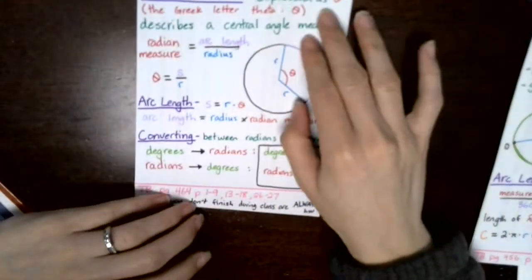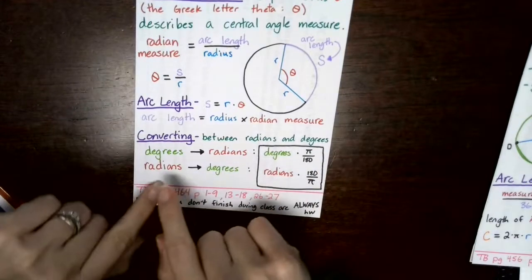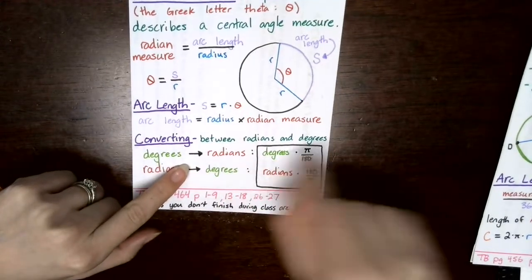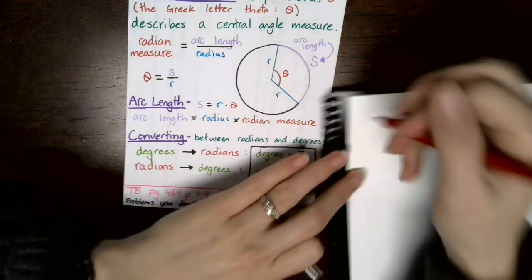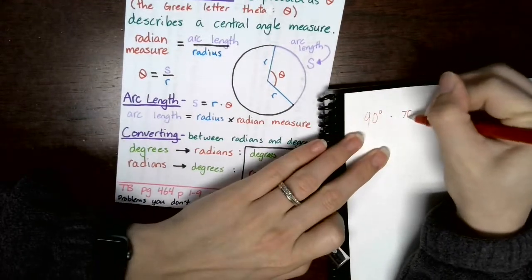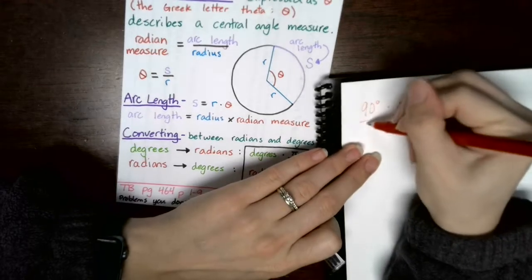Now, sometimes we'll be switching between radians and degrees. So to go from degrees to radians, we take our degrees, let's say 90 degrees, and we multiply it by pi over 180. Now we know that any number can be over 1.